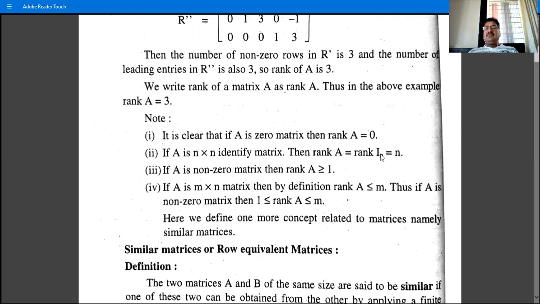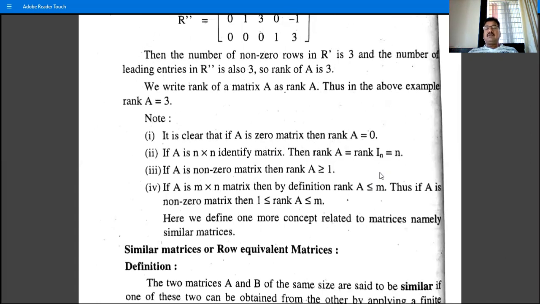So what is the rank of this matrix A or I_n? If A is an identity matrix of order n by n, then its rank is n. Because if you observe the identity matrix, for example I3, the identity matrix of order 3, it is 1, 0, 0, 0, 1, 0, and 0, 0, 1. This matrix is in the reduced row echelon form itself.